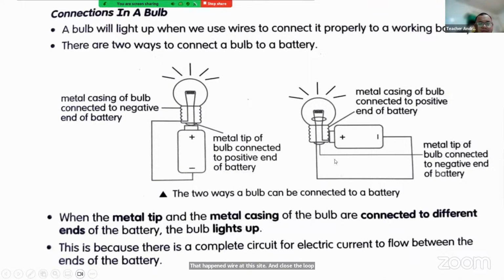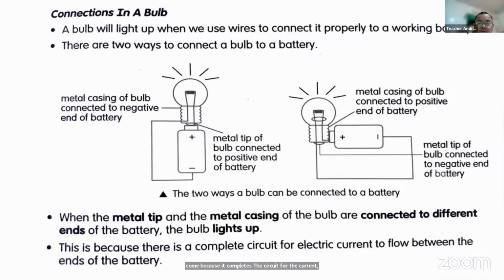The other way is I put the battery on the side of the bulb and use the wire to close the loop. So when the metal tip and the metal casing of the bulb are connected to different ends of the battery, the bulb lights up because it completes the circuit for the current to flow between the ends of the battery.